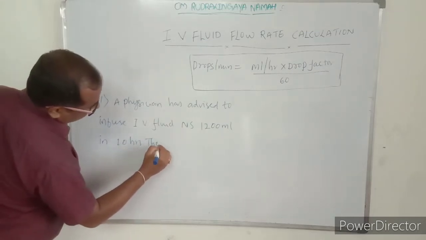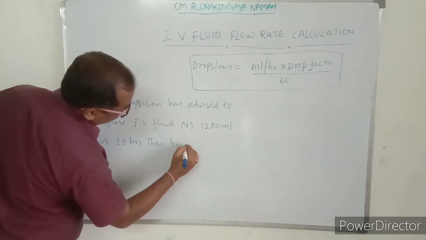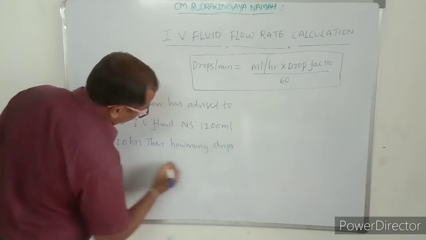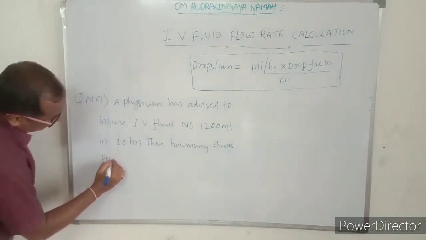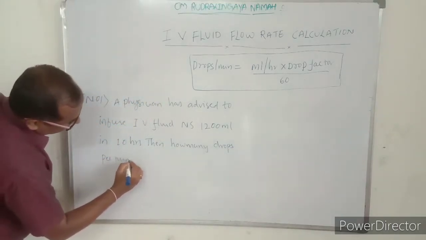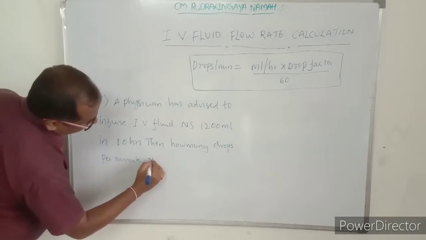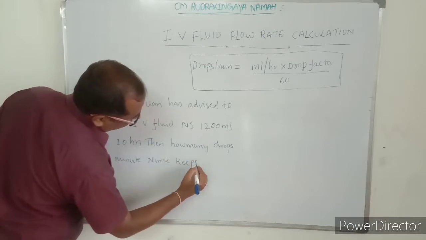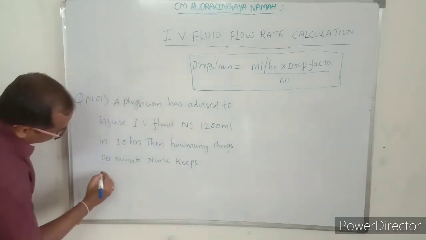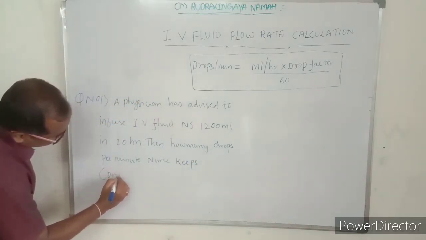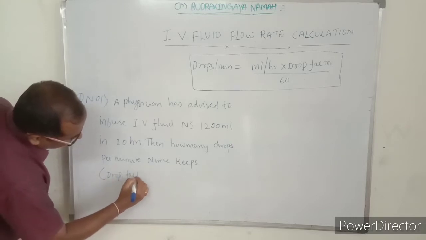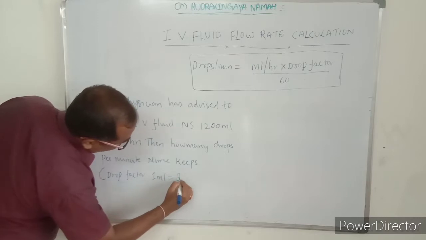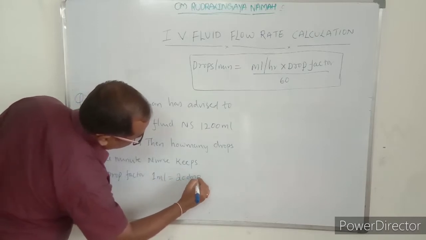Then how many drops per minute should the nurse keep? Okay, and they give the drop factor, that is 1 ml is equal to 20 drops.